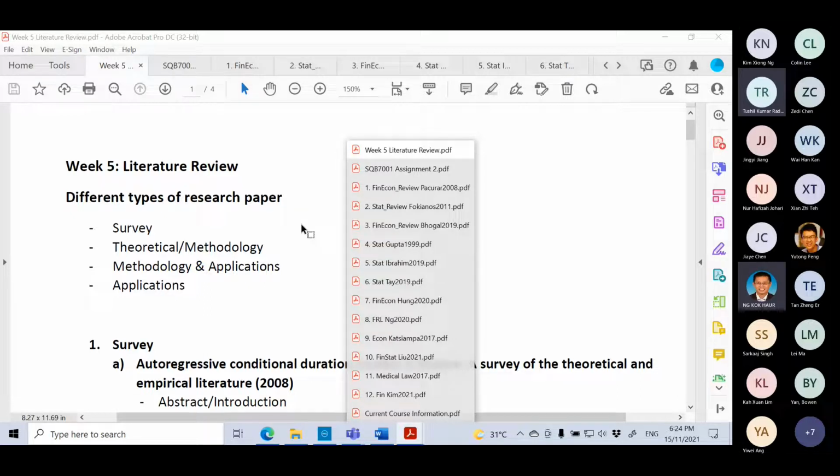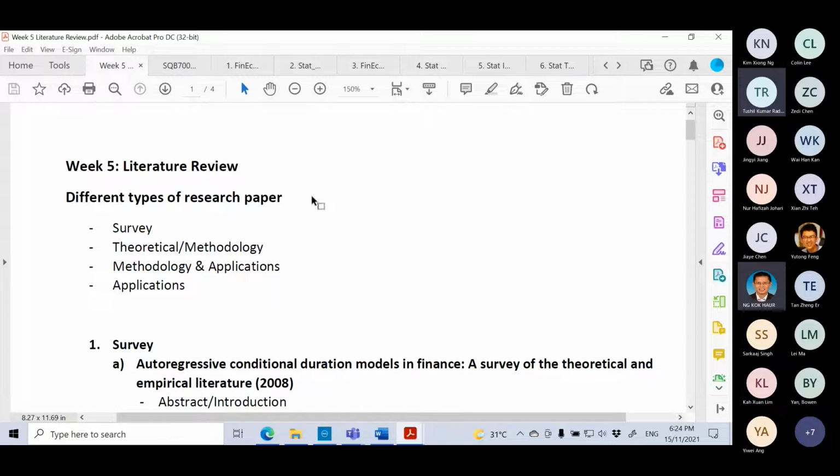Then from the literature review, you can get the idea of what type of research question you can pursue. In future, if you plan to further your study, after reading a paper you will know the main contribution of the paper and how they want to extend their work.